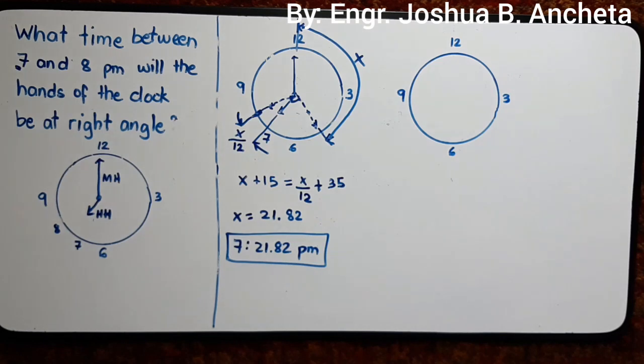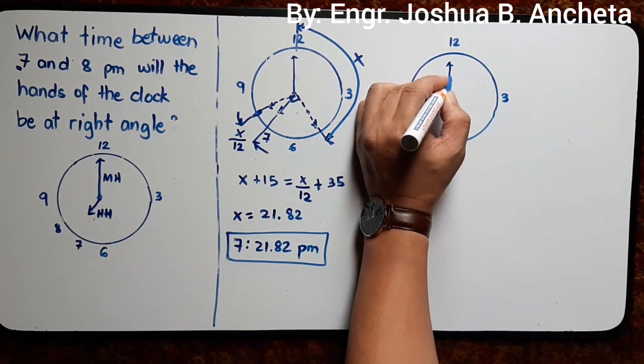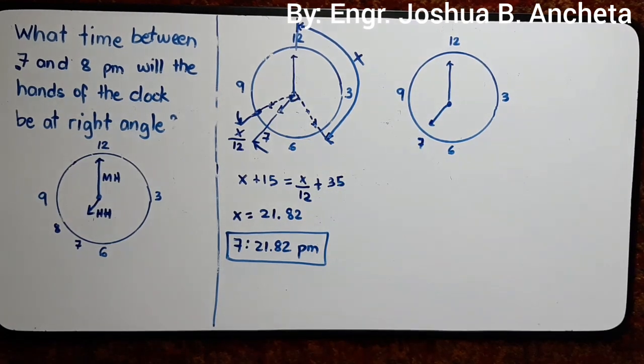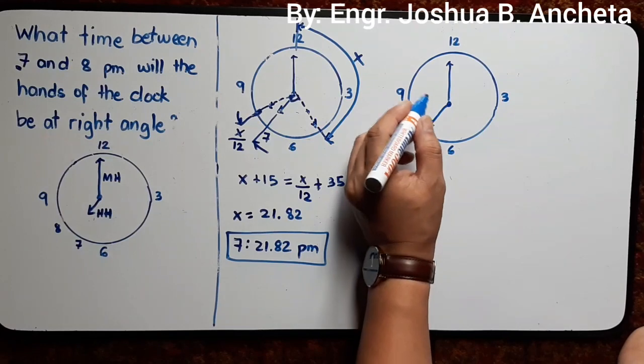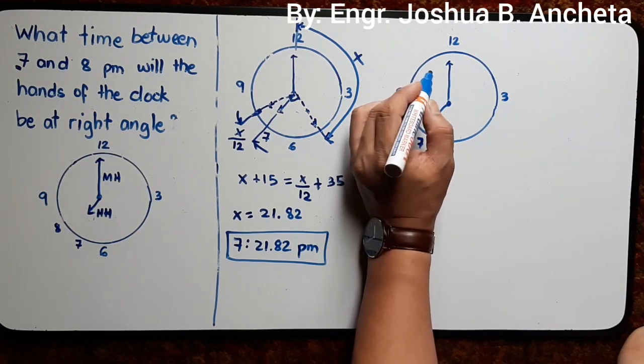Let us use this circle. So again, the initial position of the clock is at 7 o'clock. To illustrate the condition wherein the minute hand and the hour hand are at right angle for the second time, let us illustrate this as the minute hand is on this side.